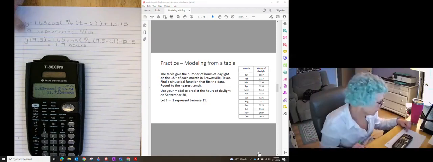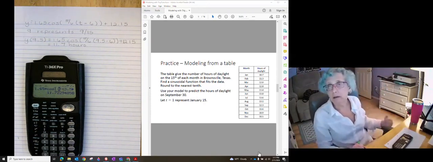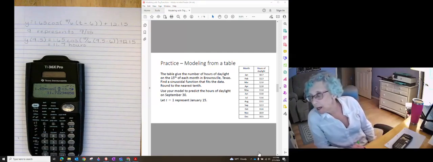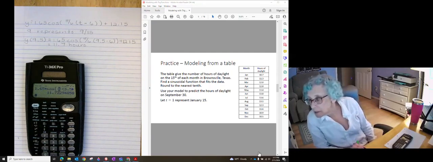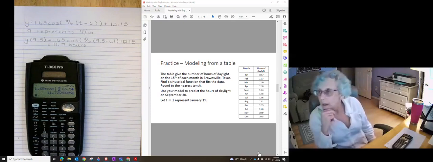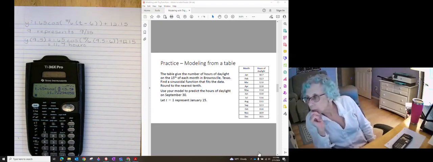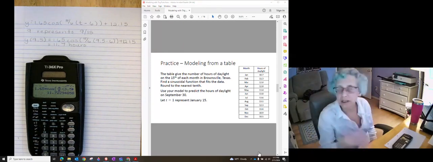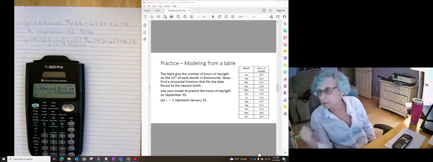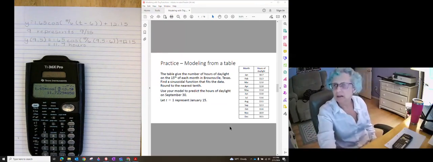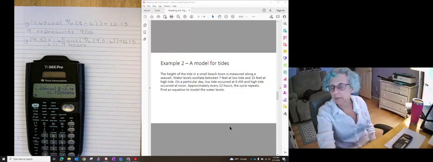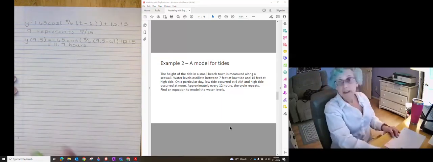So I did my function evaluated at 9.5, and it gave me about 11.7 hours, and that looks reasonable to me because September 15th I'm having 12.3 hours, and then by October 15th it's down to 11.7. To say it's at 11.6, 11.7 at the end of September. Yeah, that's reasonable. Okay, let's look at example 2.